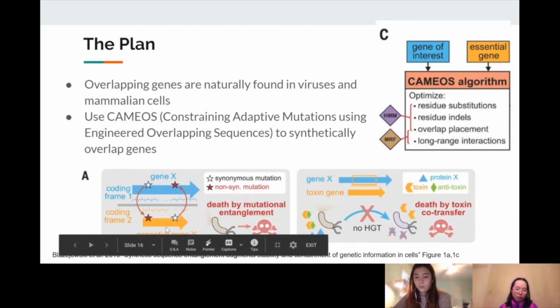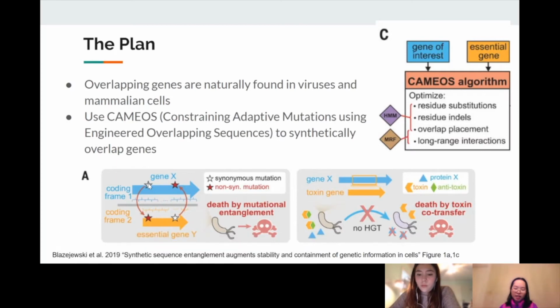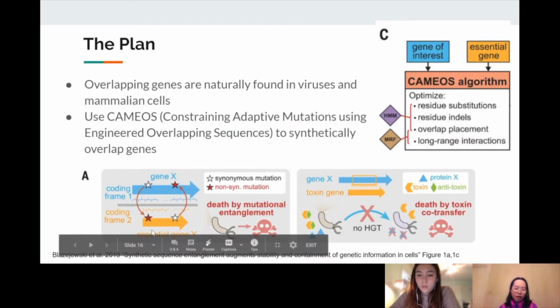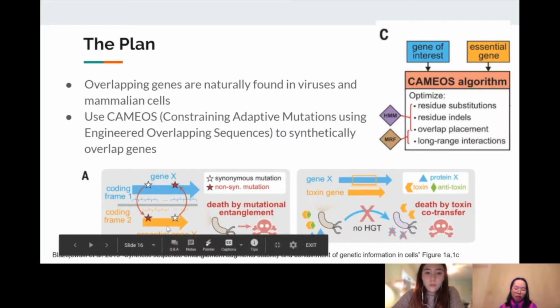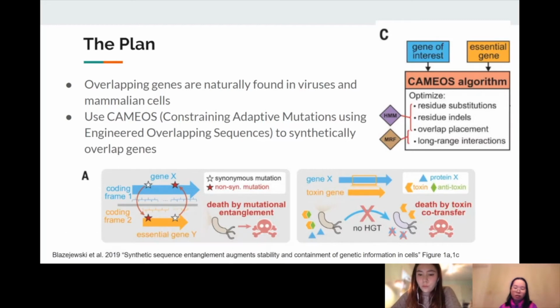So if you overlay these 2 genes together, and let's say you get a mutation in your target gene, and the mutation is a synonymous mutation, so the polypeptide sequence is actually not changed in translation. Because that second gene is in a different reading frame, that will cause a non-synonymous mutation in the essential gene, and the organism will die.